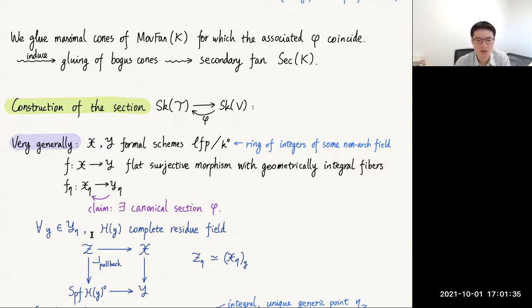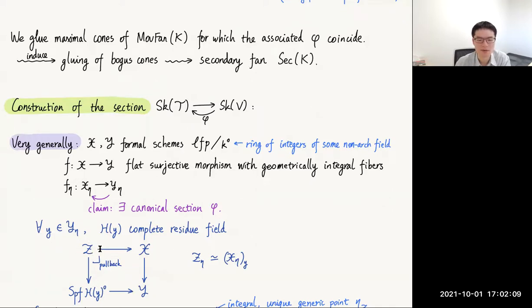We consider the complete residue field at y, and at the level of these formal models, we pull back the map from X to Y along the map from the formal spectrum of the ring of integers of the complete residue field.